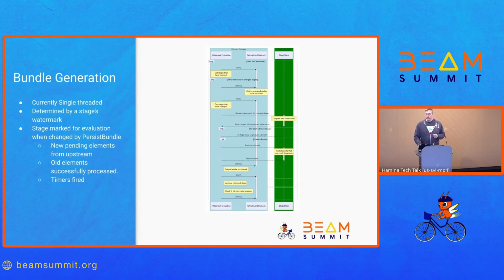Stages tend to be marked for evaluation only when some parent, upstream transform has pushed additional data down to them to provide new pending elements, or when a bundle that it has processed has successfully finished, so old elements can be removed from the pending state, or other timers have fired, whether they be processing time or event time.